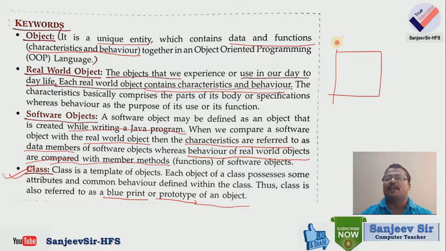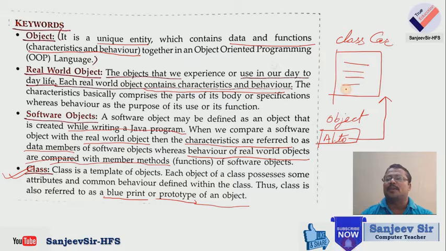That means when we define one type of class, like class car, that means one object car we can define, and that car will be like an Alto. Okay, this is the object, but this object is defined on the basis of car characteristics and behavior.